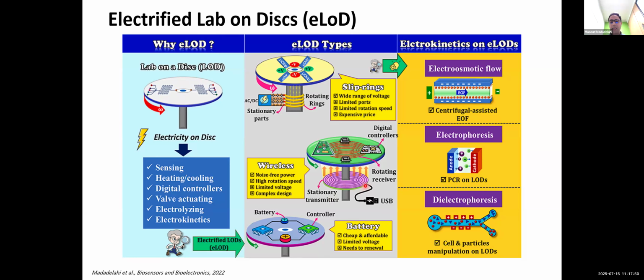You can use some coils for wireless power transmission, so this is another type of electrifying lab-on-disks. And the third option is slip rings, where we have some specific tools to electrify that rotating shaft.